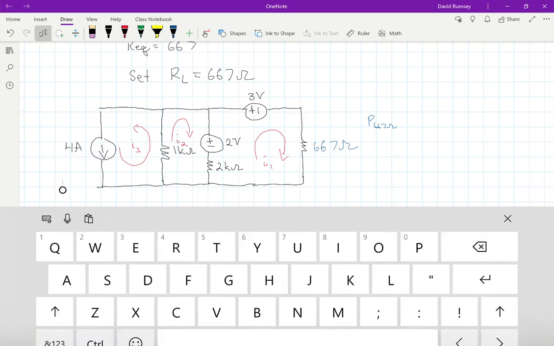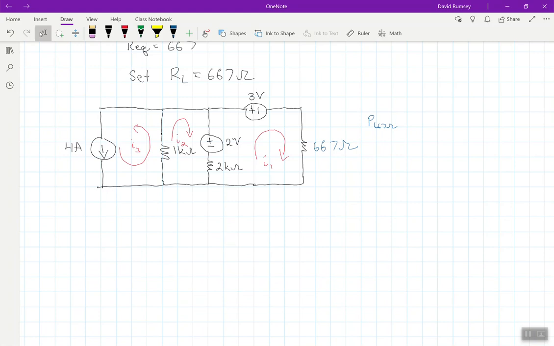So that means here that we know right away that I3 is equal to 4 amps, which is great. We've got I3 is equal to 4 amps. So really I only have 2 unknowns. I've got I1 and I2. So let's go ahead and write some loops here.